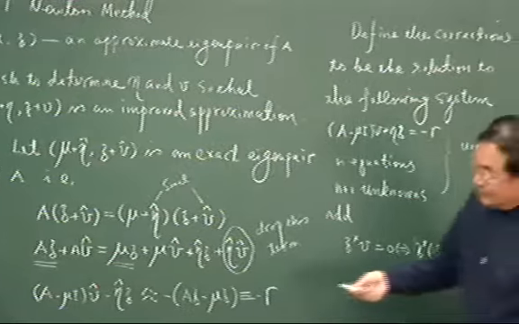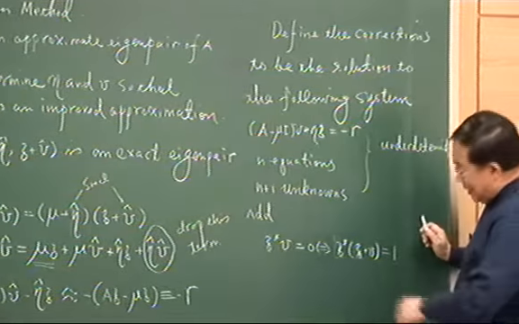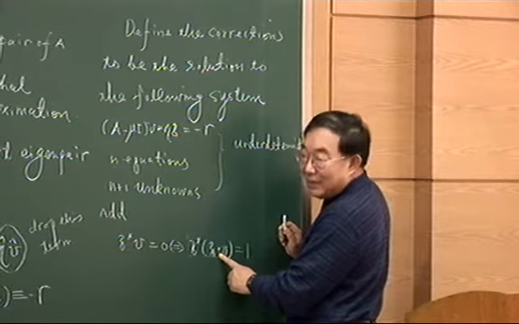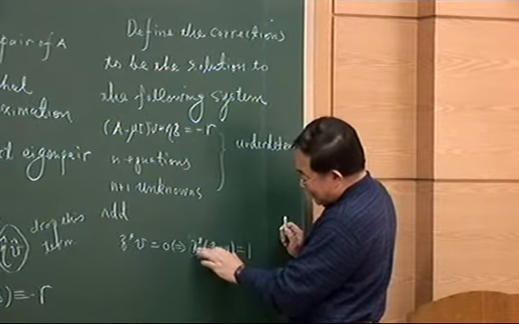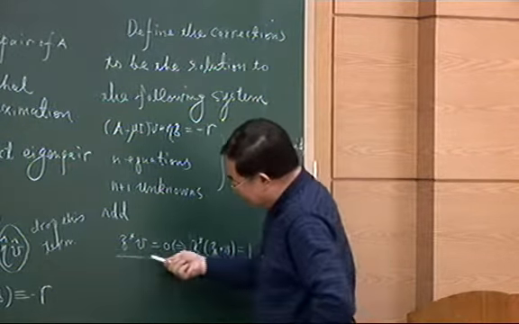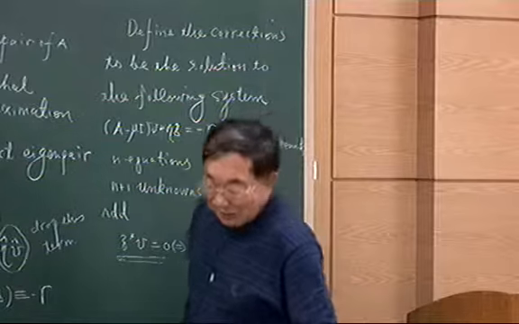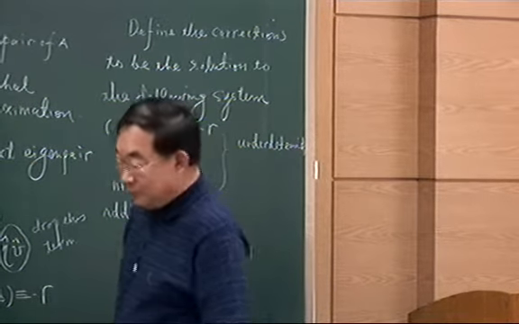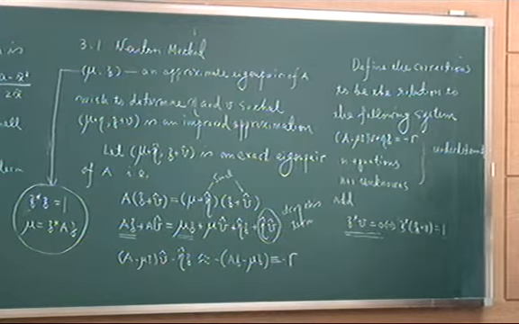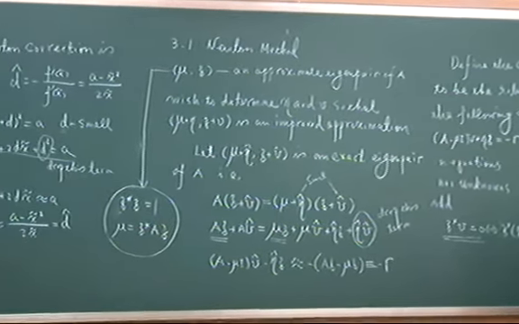So that means the improved eigenvector should satisfy this condition. That is this meaning. In matrix form, we can write this in the following.